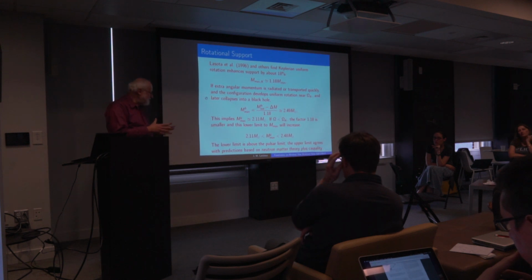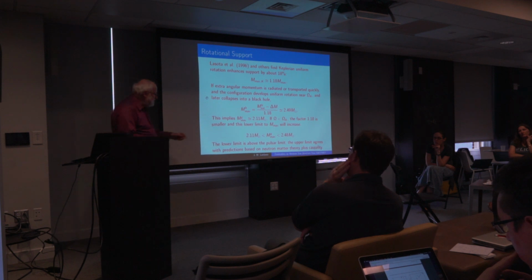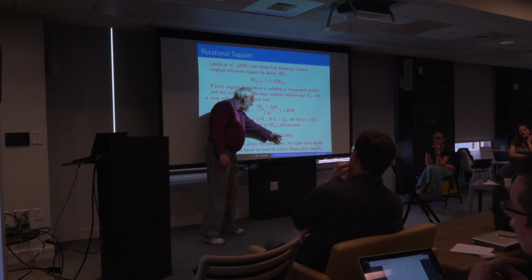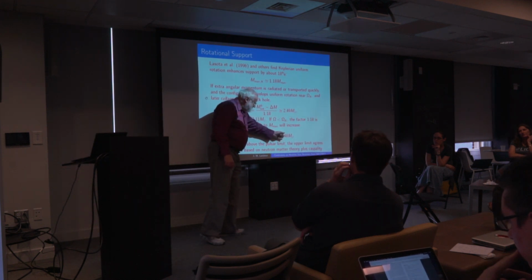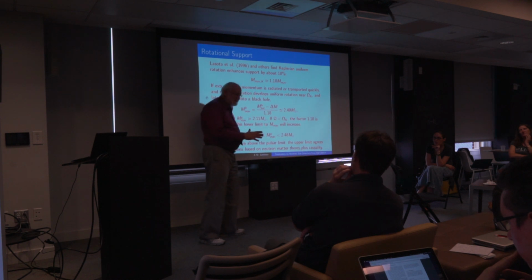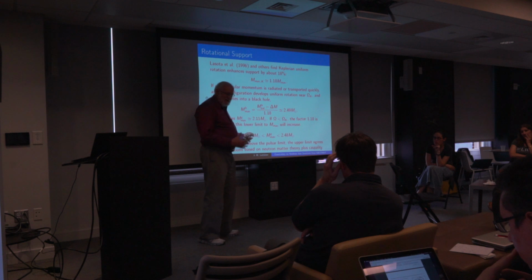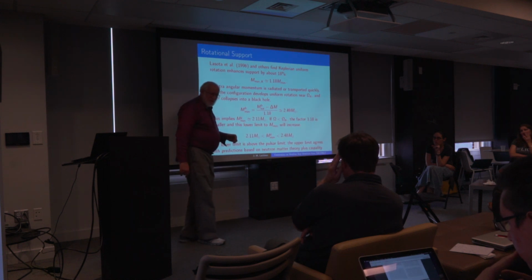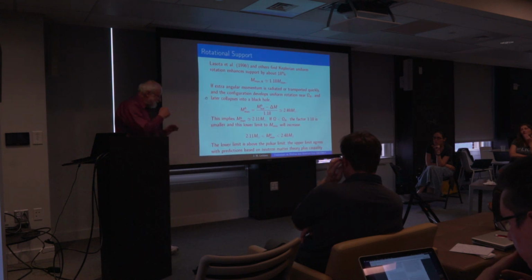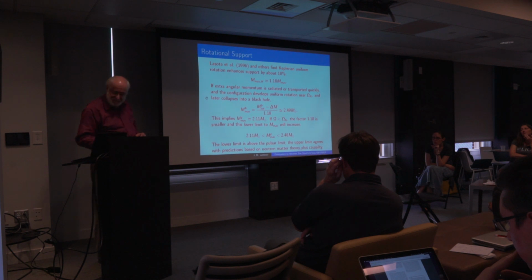I don't know how to answer that question yet, but I think this lower limit and this upper limit, the upper limit is certainly valid, given the assumptions of an eventual collapse to a black hole. And the lower limit depends on assumptions about uniform or differential rotation, and it's less strong.